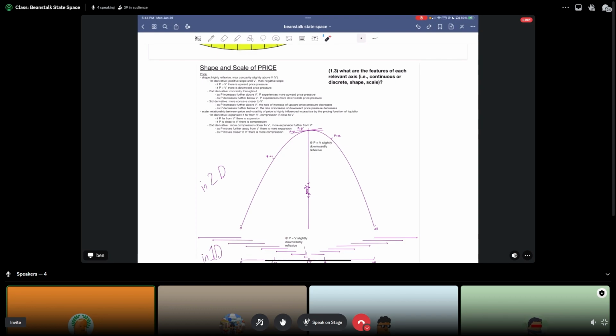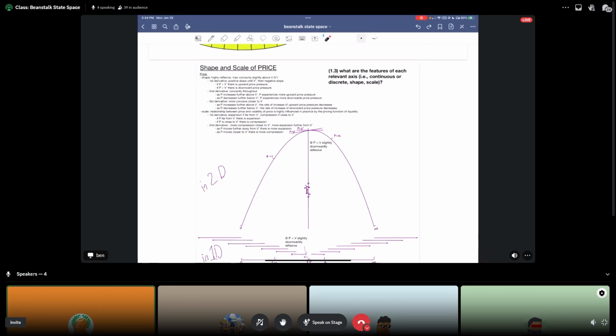But also how much is the slope changing? What is the rate of change of the slope? And is the slope changing faster or slower? And then there's the scale.